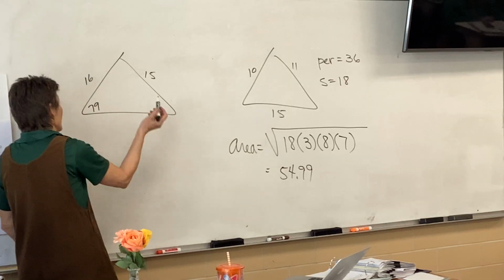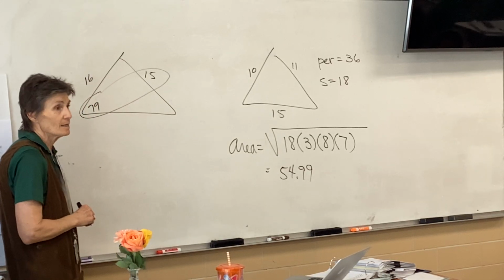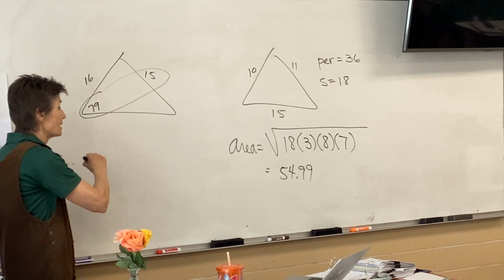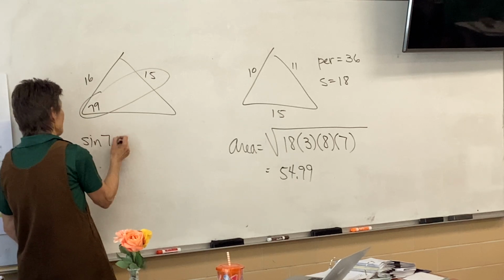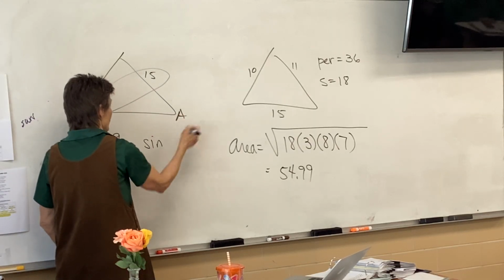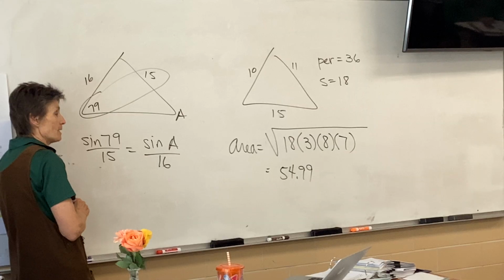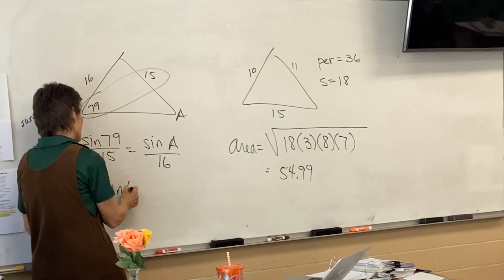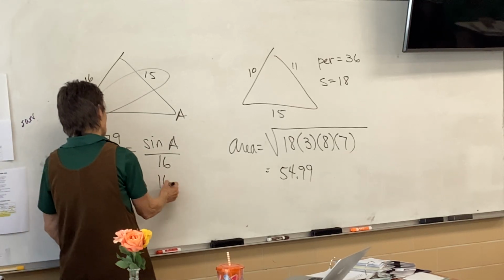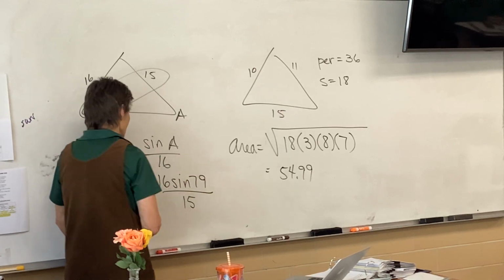Okay, so Elijah's already said this is going to be a law of sines. Look at that, that's law of sines. So sine 79 over 15 equals sine, I'll just call it A, over 16. Yep. So I'm going to cross multiply and divide, so I'm going to have 16 sine 79 divided by 15.